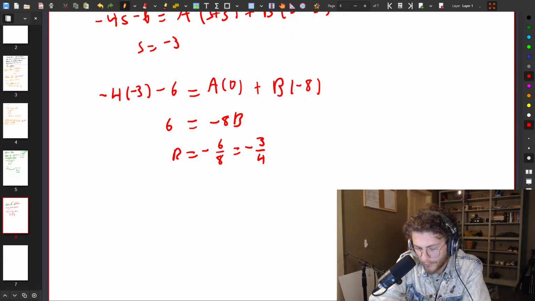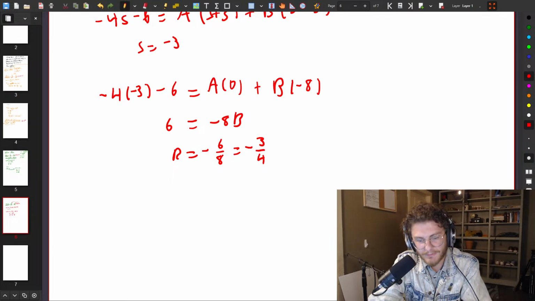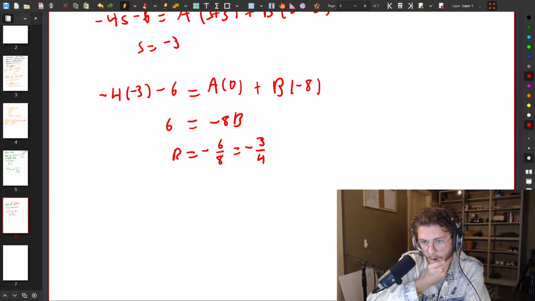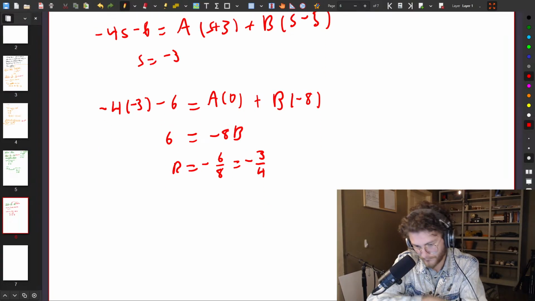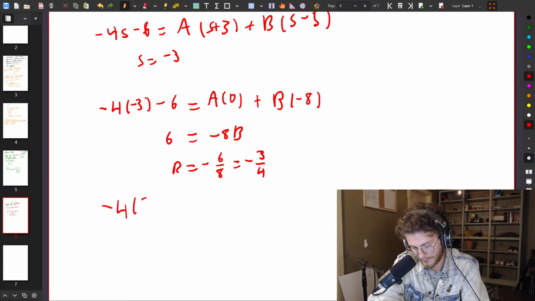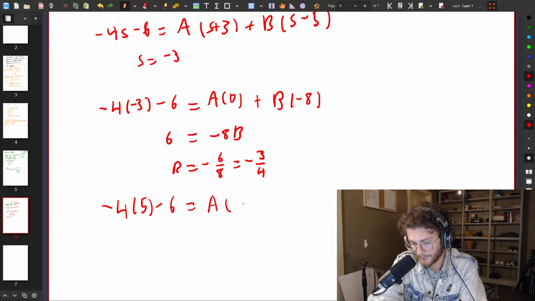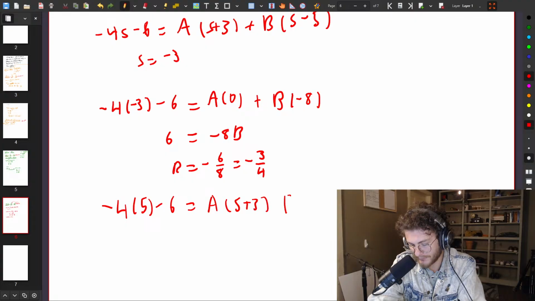Okay, so let's go back to A, and solve for A. So negative 4s minus 6, and we're going to set it equal to positive 5, which means that negative 4 times 5 minus 6 equals A times positive 5 plus 3, plus B is 0, right?